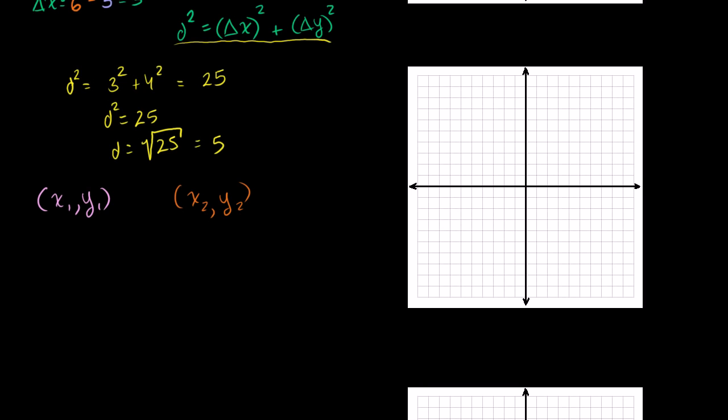Sometimes you'll see that the distance is equal to, and it looks like this really complicated formula, but I want you to see that this is really just the Pythagorean theorem.